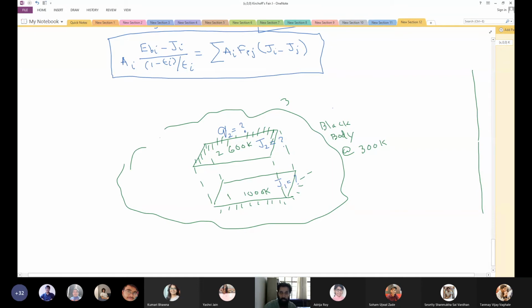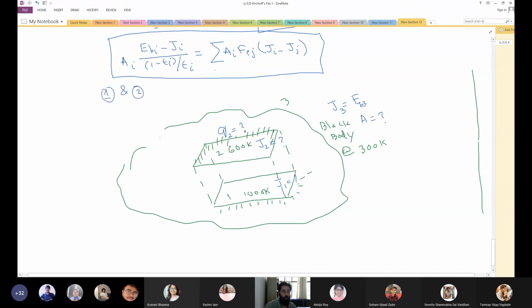And we see that J3 is known, because J3 is EB3, since it's a black body. Its temperature is given, so EB3 is known. Its area is not known and may not be needed because J3 is known. So here I don't need to write the equation for surface 3. I can write the equations for surface 1 and surface 2.